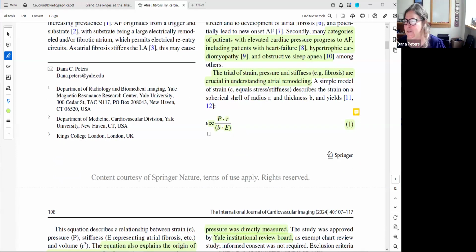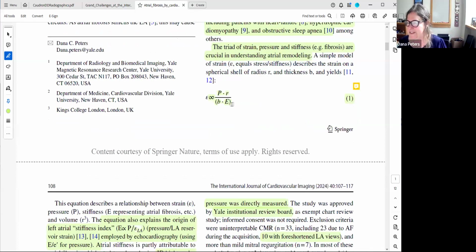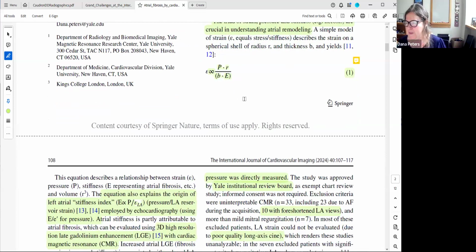If you think of a sphere, which has a thickness of B, and it has a stiffness that we call E, then you can say that strain is related to pressure, of course, but modulated by its thickness and its stiffness, which is E. So what we thought is, okay, we can measure strain and stiffness using MRI, and using some invasive pressure measurements, can we see this relationship?